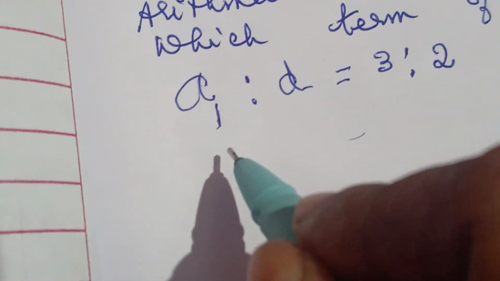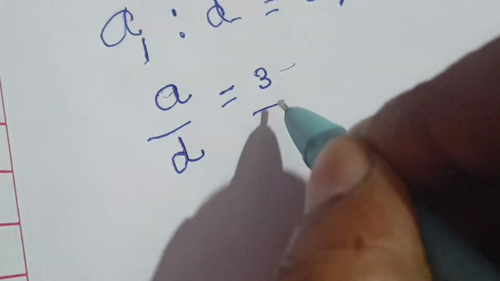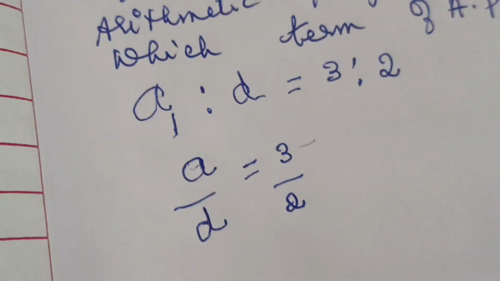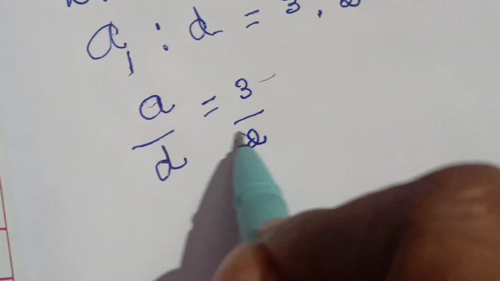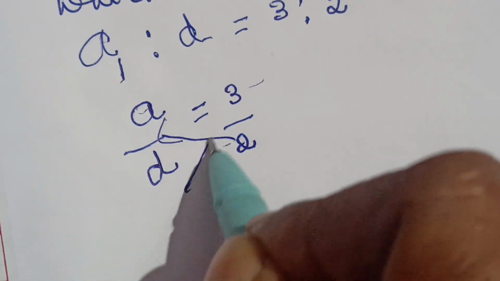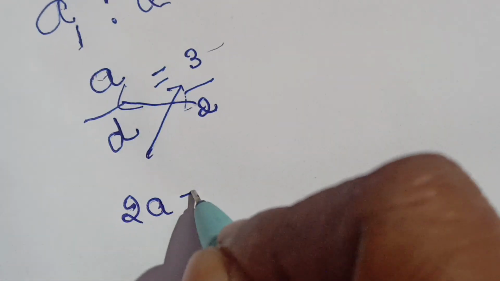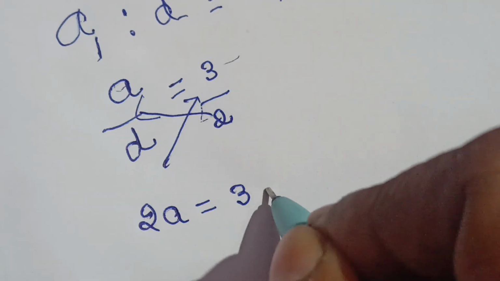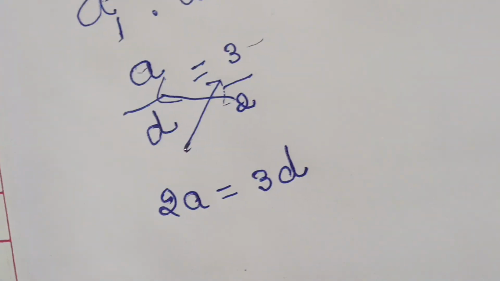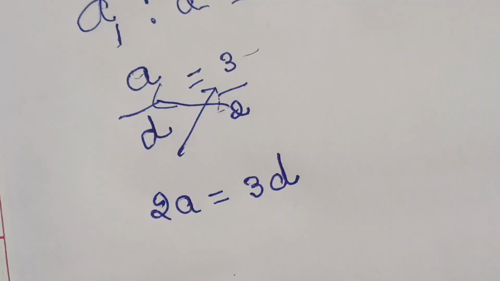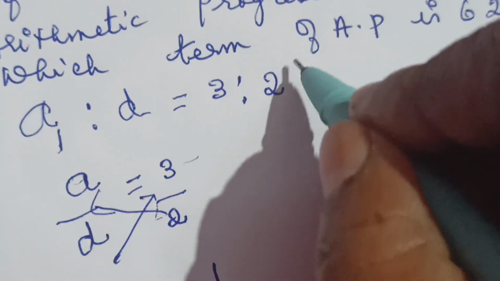So a by d is equal to 3/2. When we cross multiply, we get 2a is equal to 3d. So let's keep this equation at one side. Now we'll go to the next part.